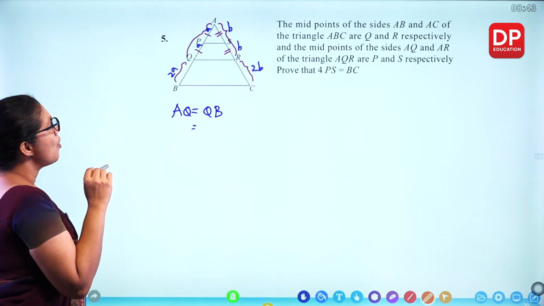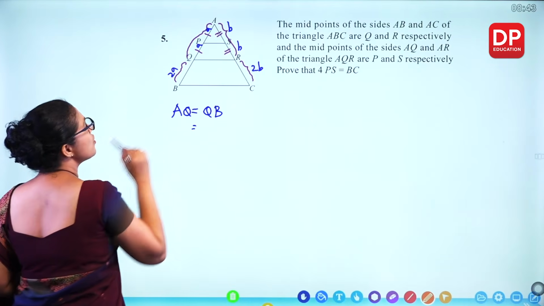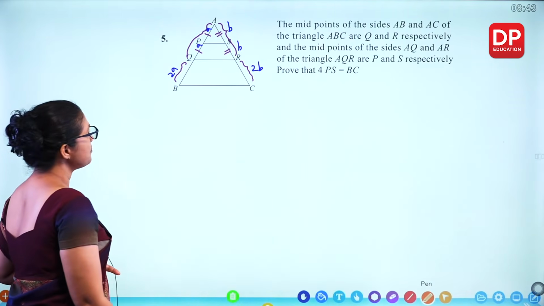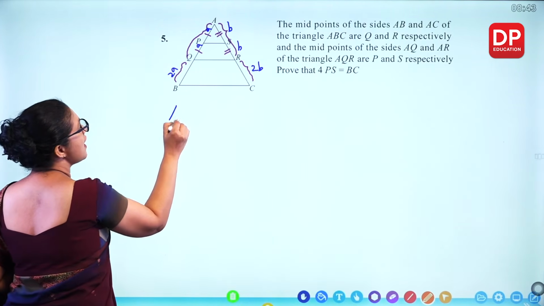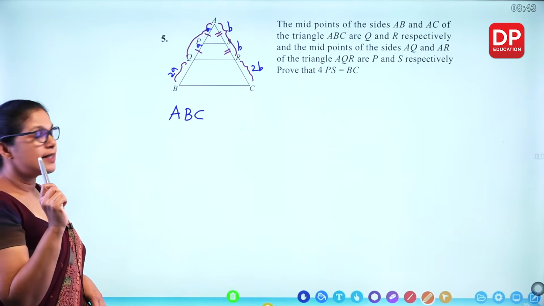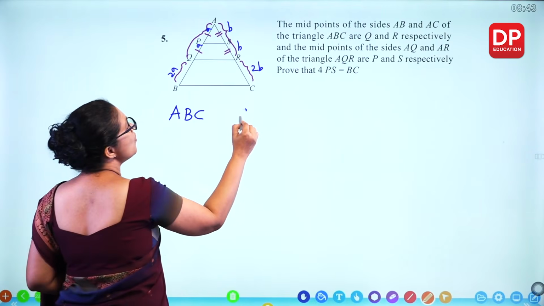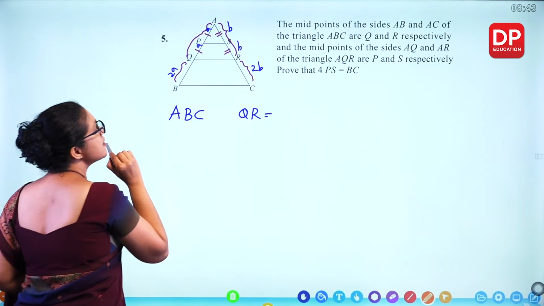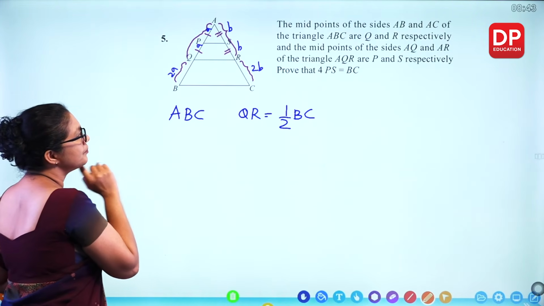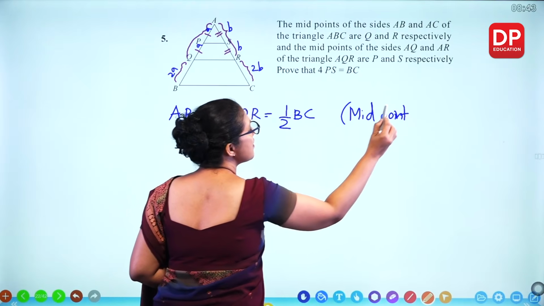And also, when you take this big triangle ABC, midpoints are Q and R. When you connect the midpoints, according to the midpoint theorem, we know that QR is half of BC.